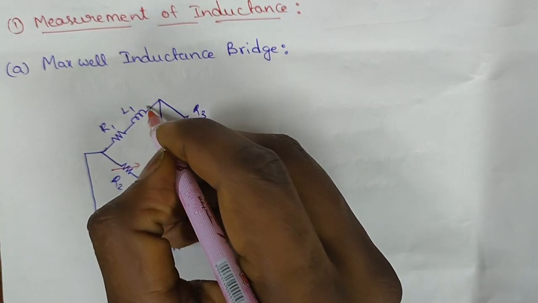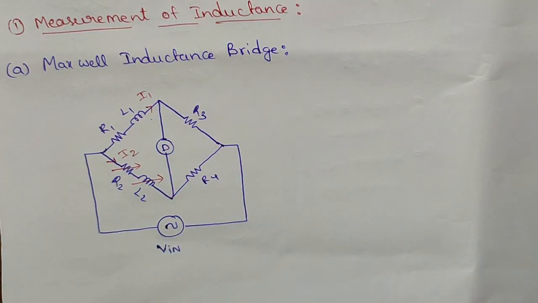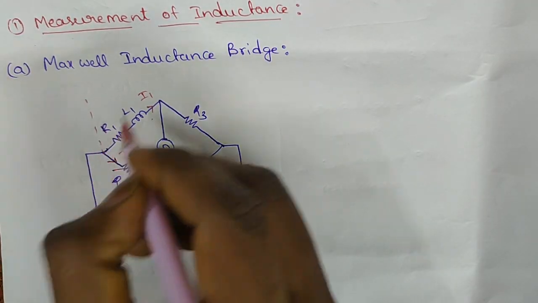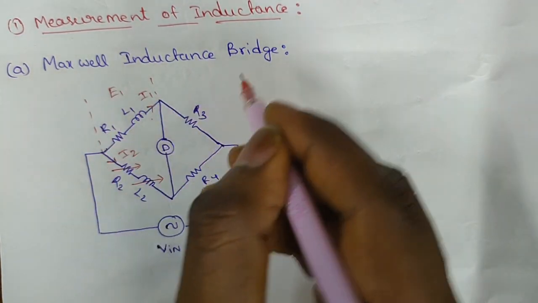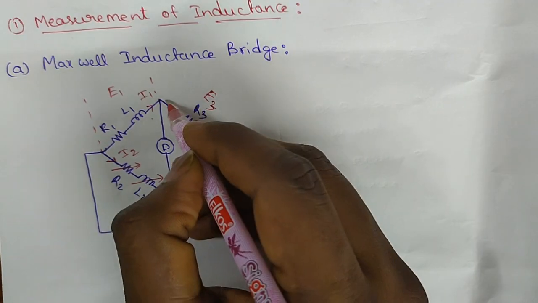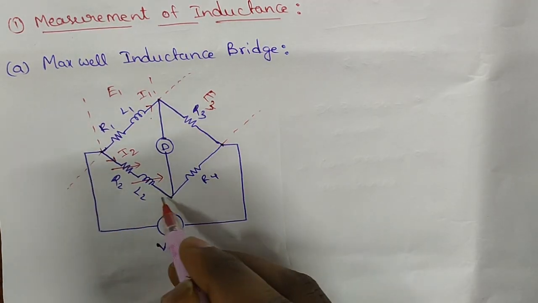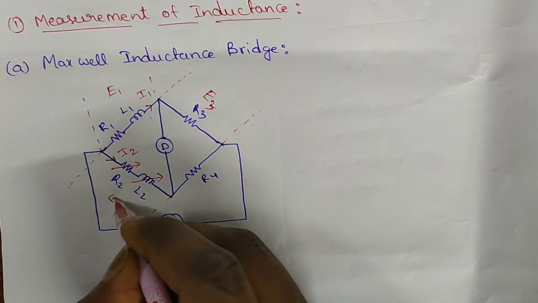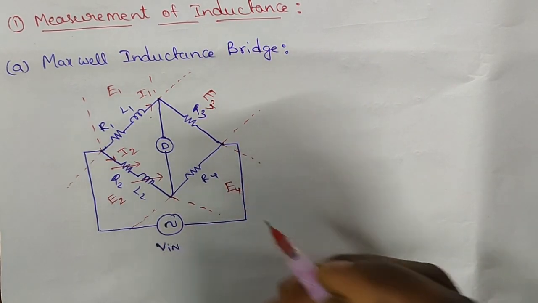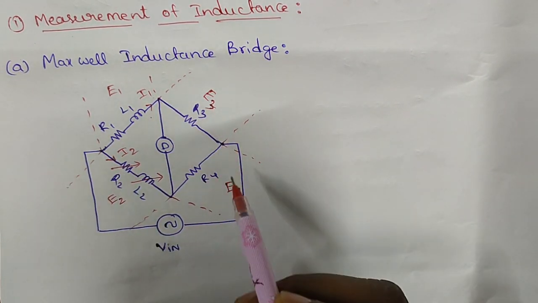The current flowing in this circuit is I1, the current flowing through this line is I2, and the potentials are E1, E2, E3, E4.